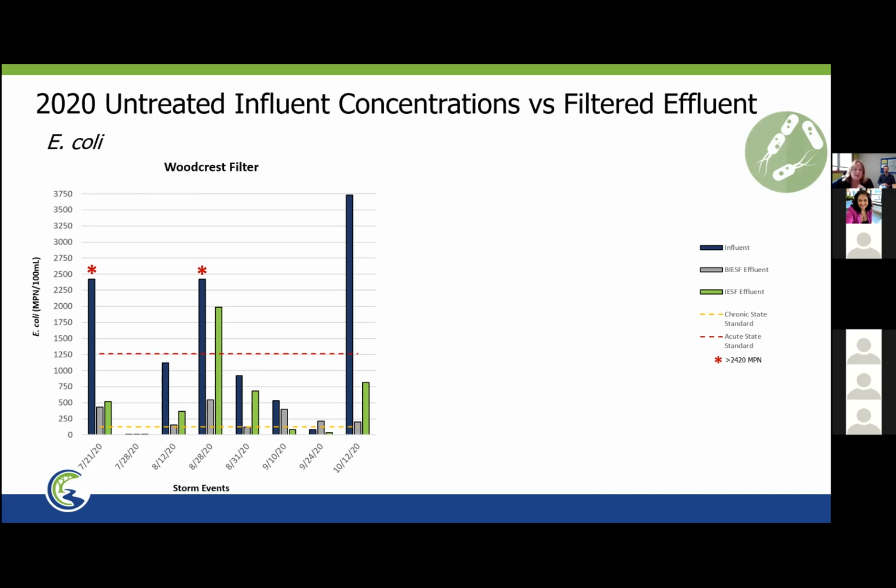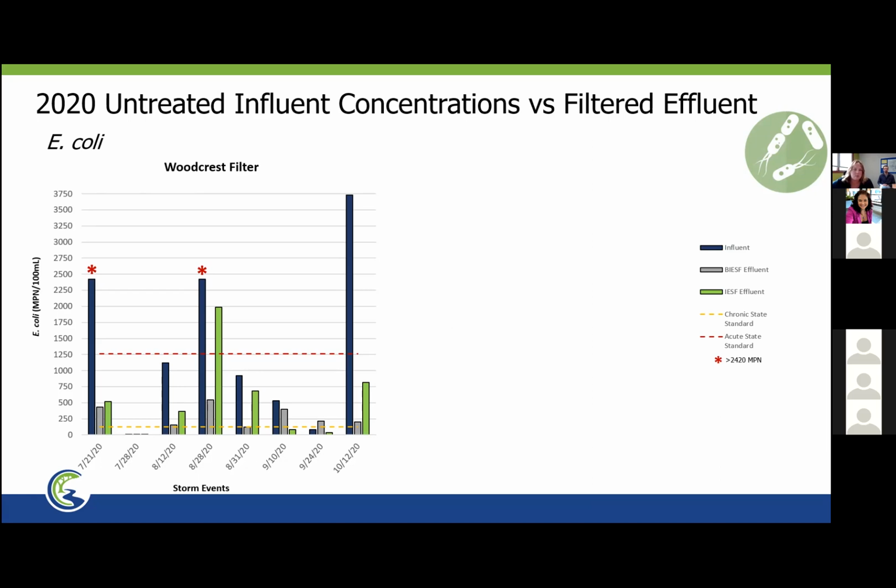So what you can see is our untreated water, these dark blue bars, is generally much higher than our filtered water. So that's a good sign. And some of our untreated water is quite high, way above that acute standard. And even the filtered water has dropped down to more acceptable levels.